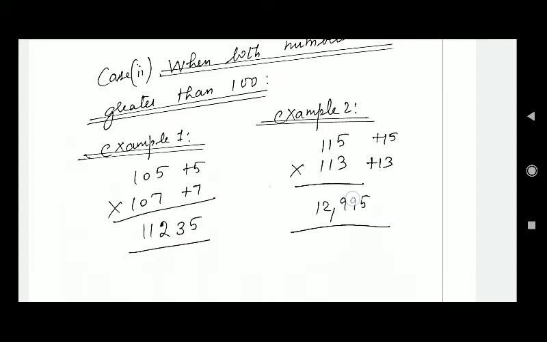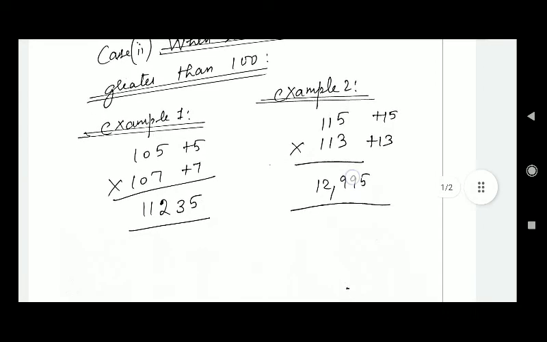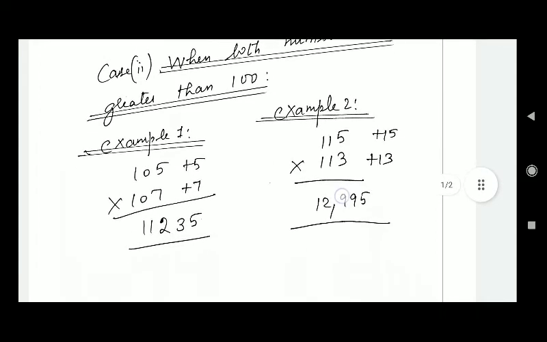So 35 is the last two digits of my final answer. And adding 105 to 7 or 107 to 5, either way I am getting 112. So 11235 is my required final answer. I hope this will be quite easier than the normal method.